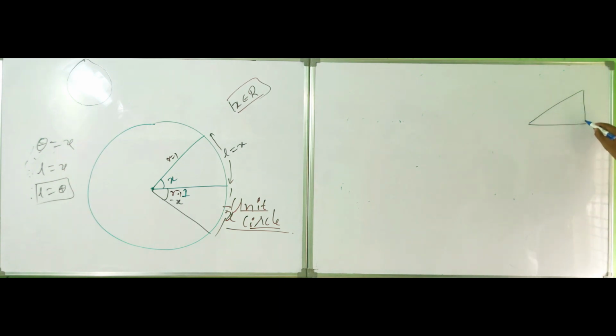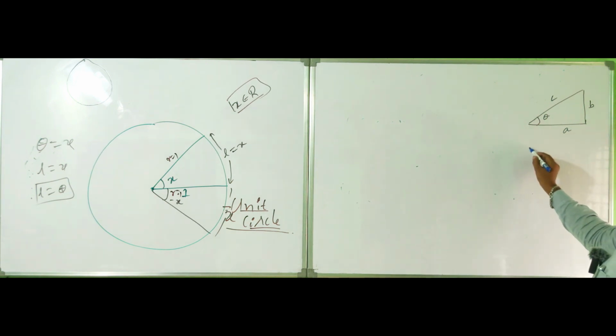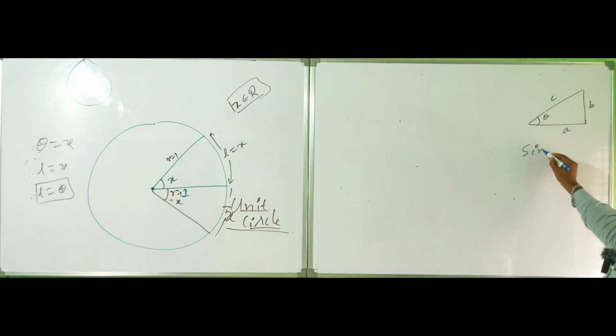This is the right angle triangle. This is theta, and this is B, this is A, and this is C. Just I am defining the trigonometric function. Sine theta is equal to what? B by C, opposite by hypotenuse.